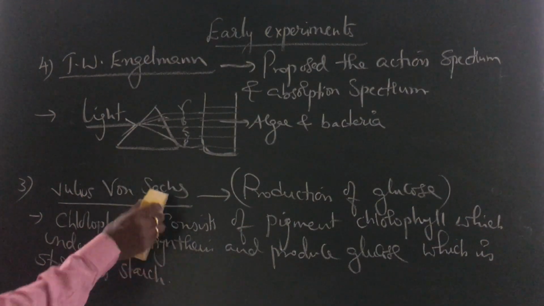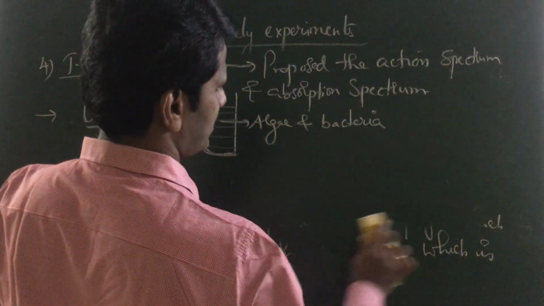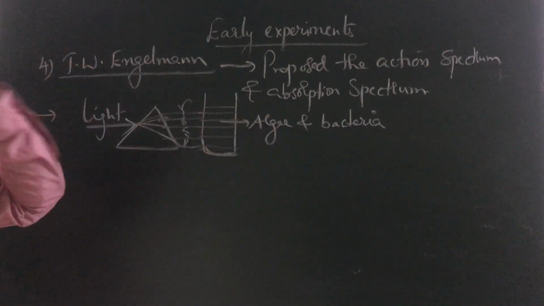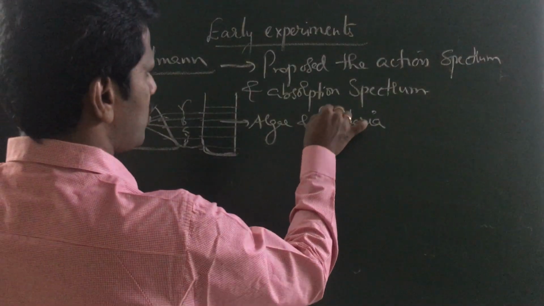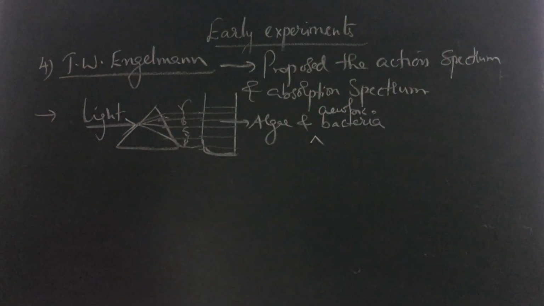Okay, listen carefully. When the light is passed through the prism, it disperses, and then that is passed through the medium containing the algae and aerobic bacteria. Which bacteria? Aerobic bacteria. So here what happens?